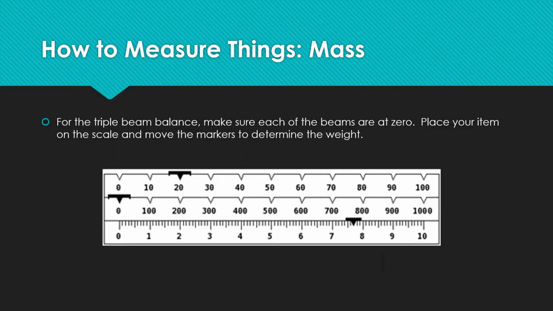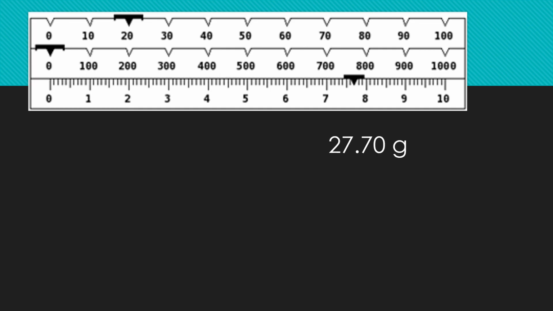Again, make sure the beams are at 0. That's what you're going to do. You place your item on the scale, and you move these markers to indicate the actual weight or the mass. So with this one, it's 27.70. So look, between 27 and 28. Notice, however, this is actually on the line exactly. That's where that 0 comes into play.